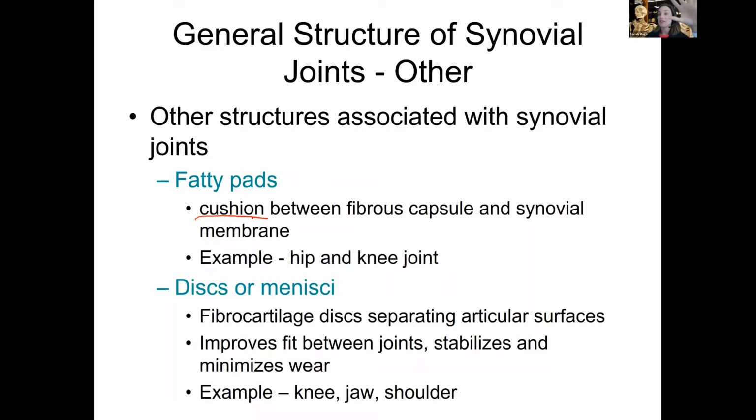This is going to do a lot of things. One thing that this disc or menisci can do is it can actually improve the fit between the two bones. They fit together better because they're sitting on like a little cushion. Another thing that it can do is it can stabilize the joint and it minimizes wear between the bones.